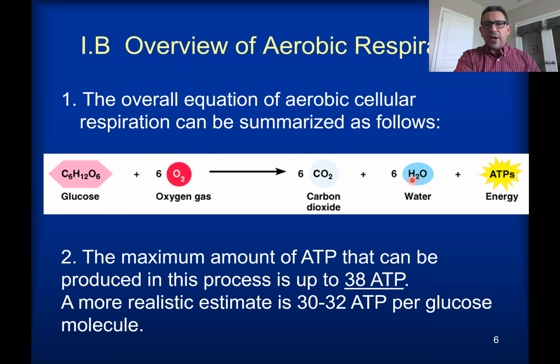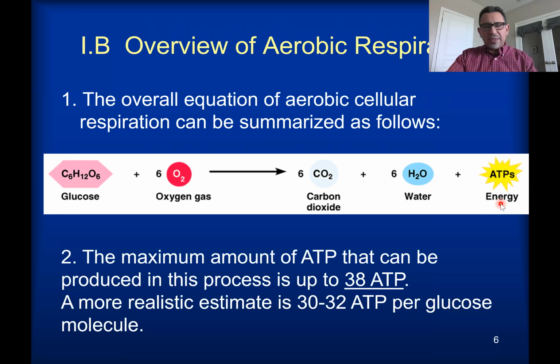Along the way, energy is going to be extracted, which is going to be briefly stored in adenosine triphosphate, which we also call ATP. Other forms of energy, including heat, are also going to be released as the process of aerobic respiration proceeds. So, keeping in mind the totals, please understand up to 38 ATP can be extracted.